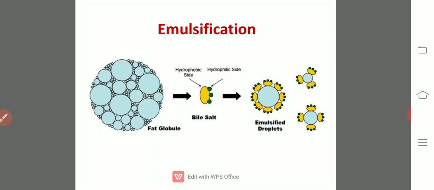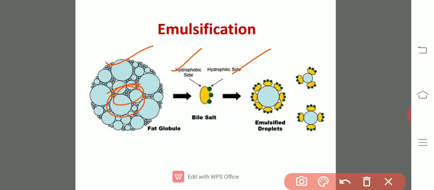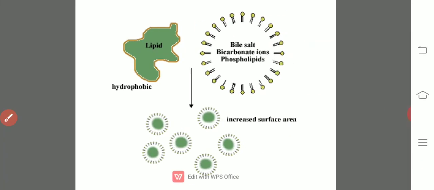Interfacial activation. In the diagram we will see here, this is a large fat molecule, with this side hydrophobic and this side hydrophilic, and finally this large fat gets modified into small oil droplet-like structures which are known as emulsified droplets, emulsified fats, right.